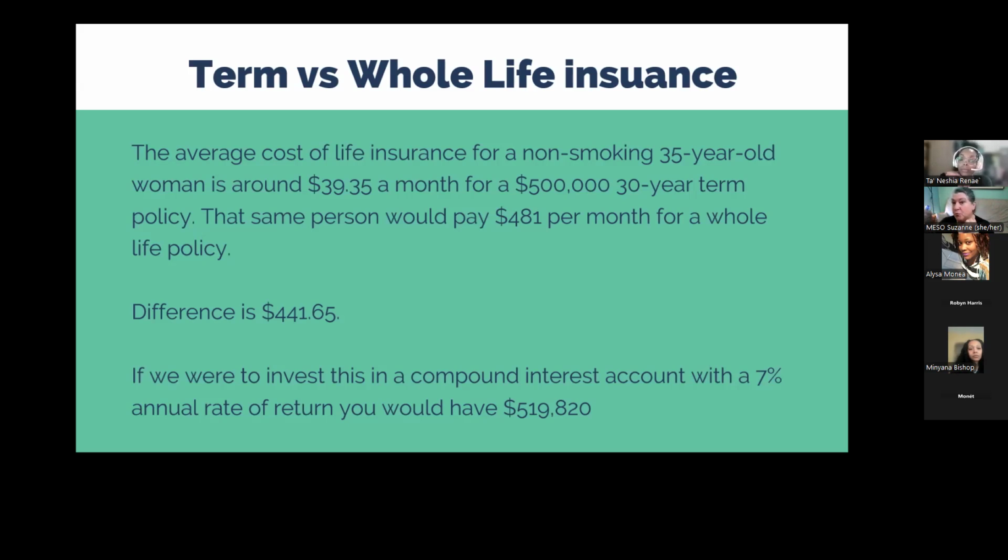And so you might want to consider waiting a few years before cashing out. If you get a loan from your whole life insurance policy, just know there is interest charged on that. So it's not like you're just getting the money out. It's like getting a loan from a bank.